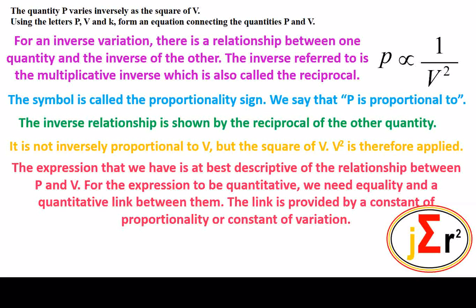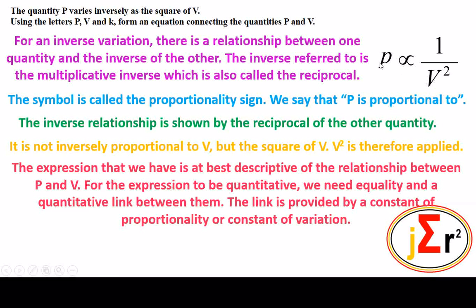The link is provided by a constant of proportionality or constant of variation. And that is where this K comes in. So this K is a constant of proportionality. It is a constant of variation which links P to V.